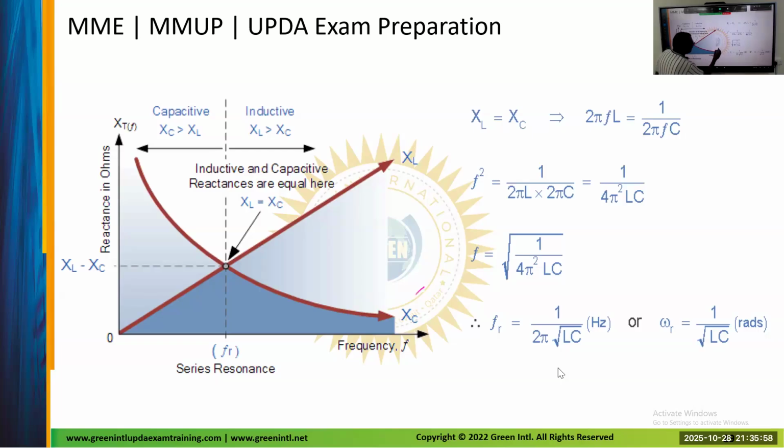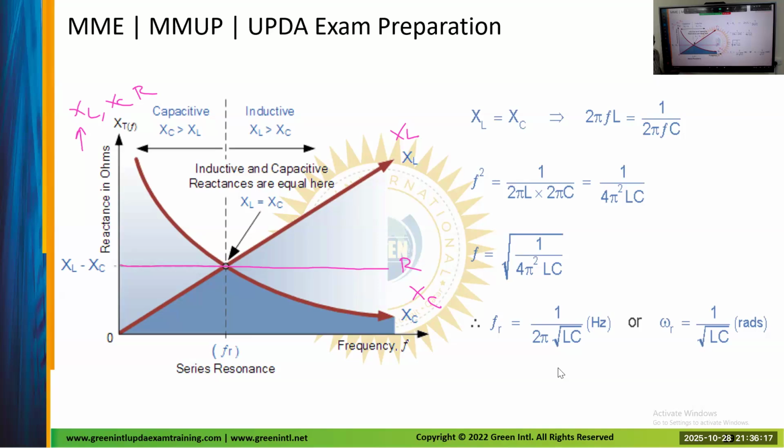It is XC, it is XL, it is R. All the components put together we call impedance.